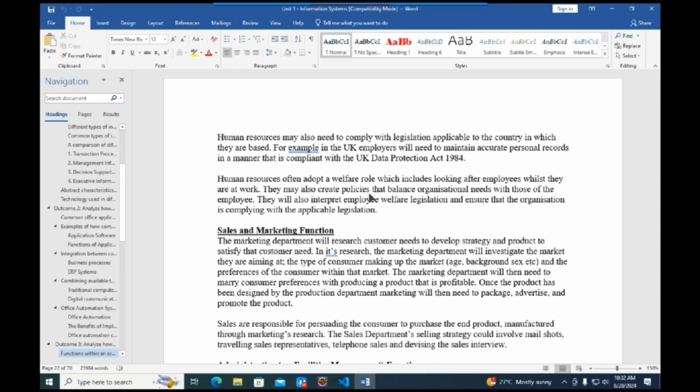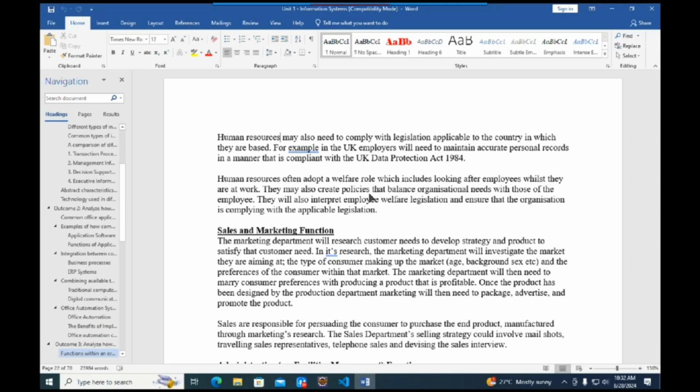So the human resources will adopt, most of the time, a welfare role that is going to include looking after the people employed in that company while they are at work. Also, you'll be in charge of creating policies that balance what the organization needs from the employee.